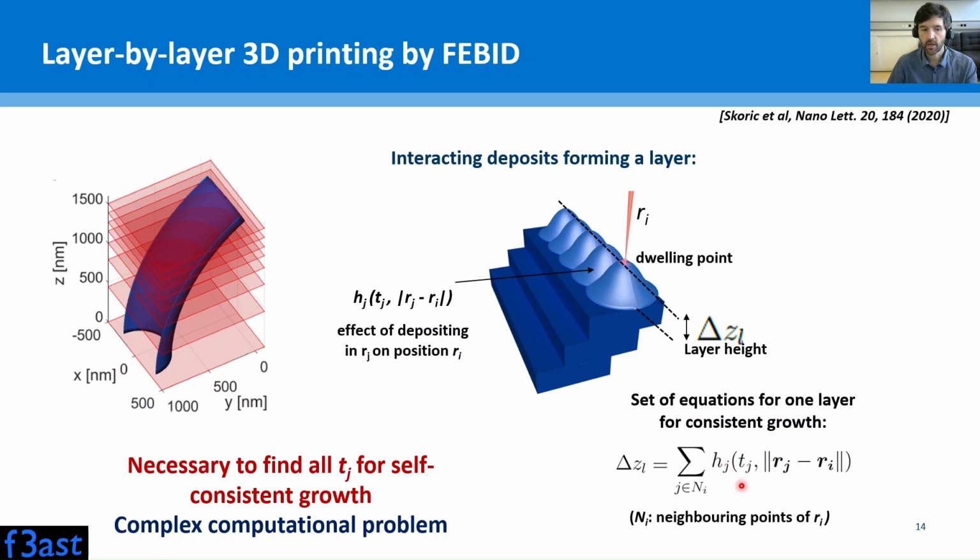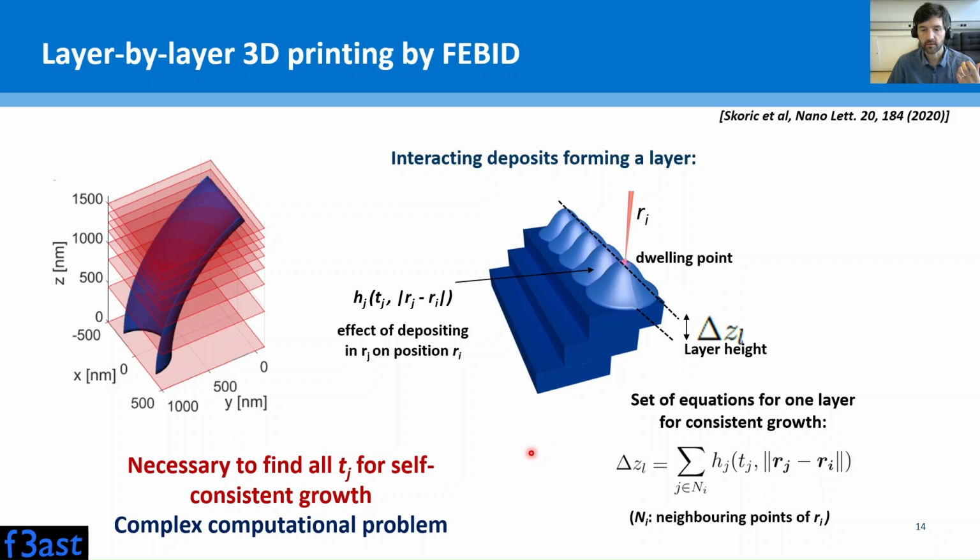And this set of equations is, of course, very complex, because at the end, what I want to do is extract the time. This is the key aspect. As soon as I know how much time I need to be dwelling on each point, I have solved the 3D printing problem. But this is not easy because of these coupled equations that we have here.